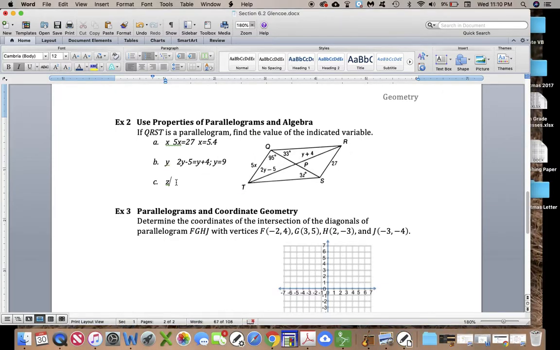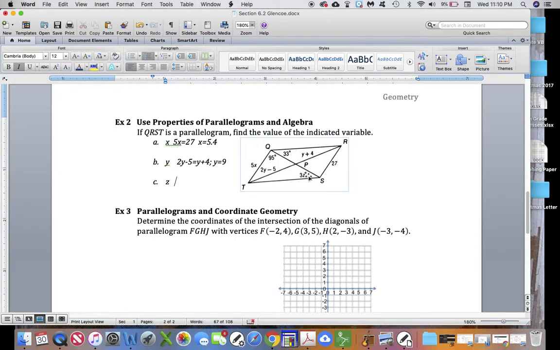Okay, for z, 3z is right here, and we want to know what that angle is. I'm tempted to say that 3z has to be the same as 95, but it is not. 3z is actually going to be the same thing as 33 for a couple different reasons. 3z and 33 are alternate interior angles if you look at these two lines being parallel.